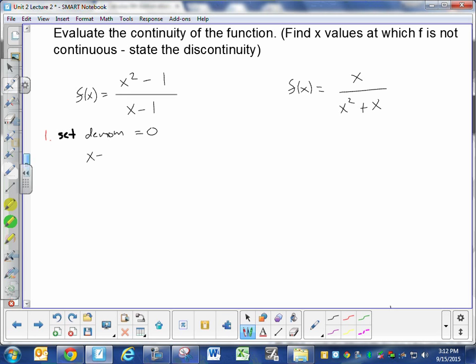So I got x minus 1 is equal to 0. In this situation, piece of cake, x equals 1. We know that there is a discontinuity in this function when x equals 1.